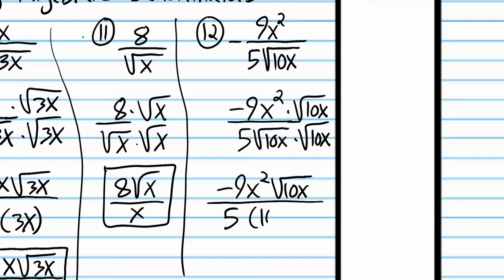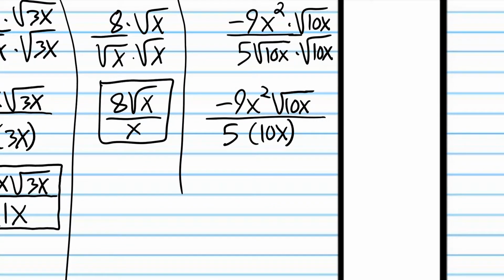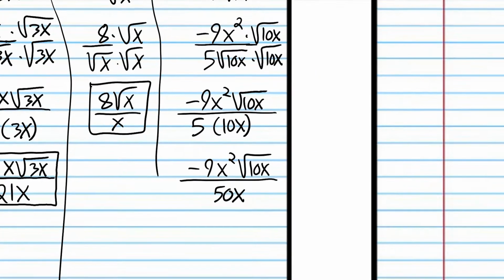And again, that just becomes 10x. When you multiply a root by itself, it just gets rid of the root. So now we have negative 9x squared root 10x over 50x. 5 times 10x is 50x. And that is the solution.